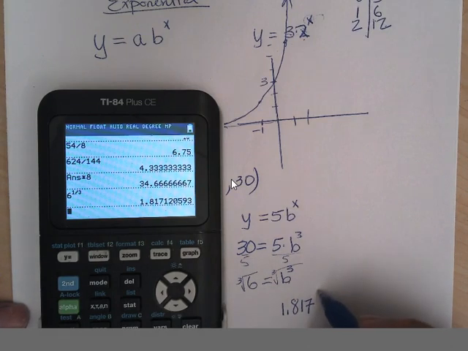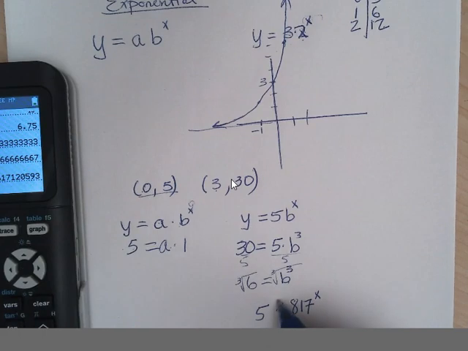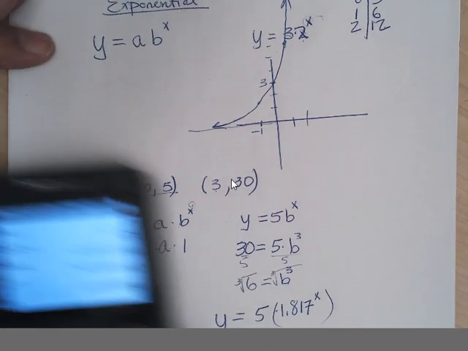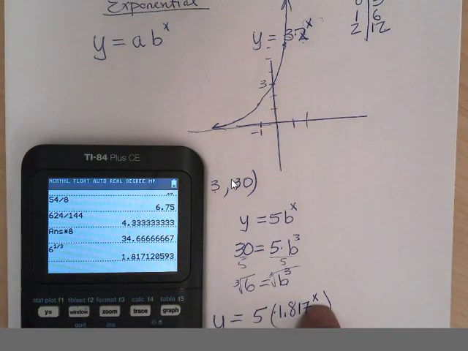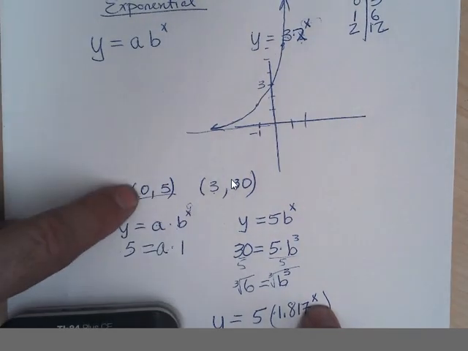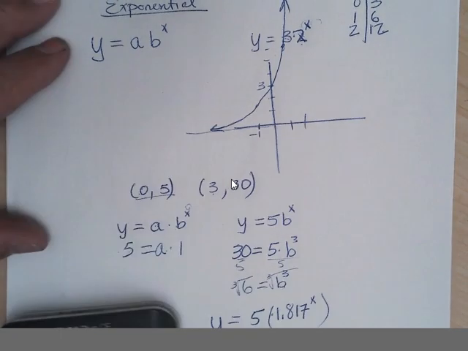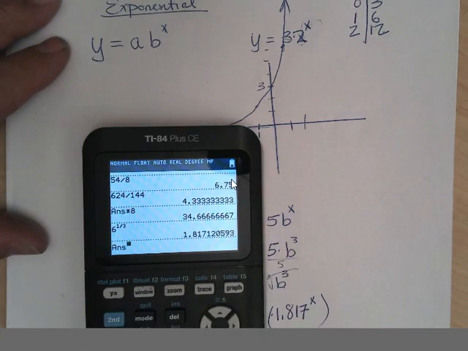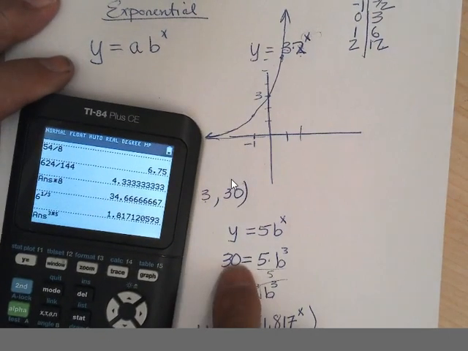To the x times 5 equals y. If I type that as an equation and put in 0, I should get 5, because any number to the 0 is 1, times 5 is 5. And if I put 3 in there, take this to the third times 5, I should get my 30.